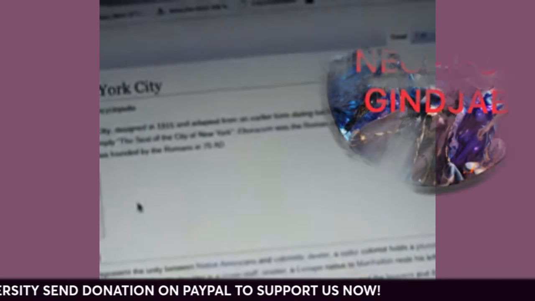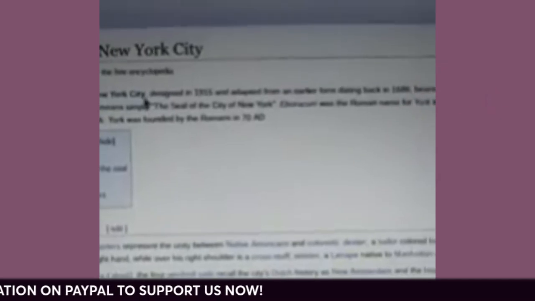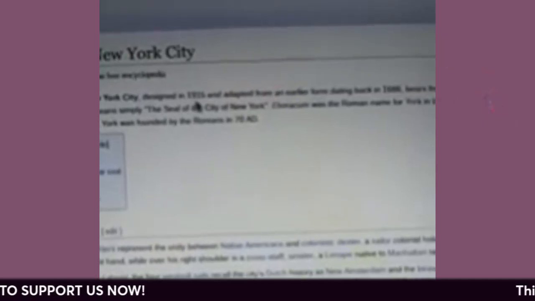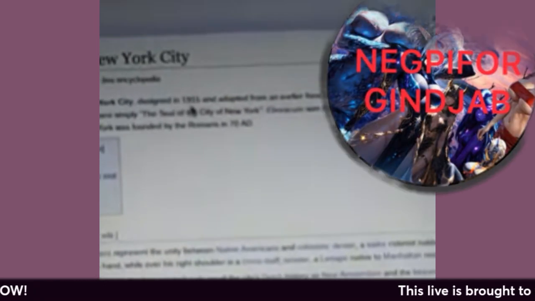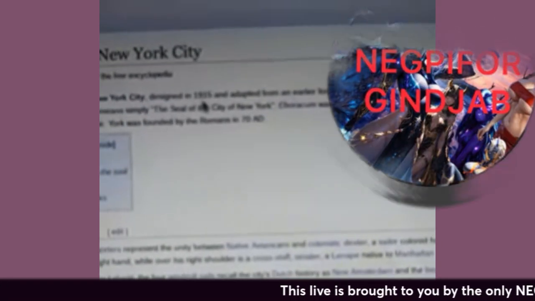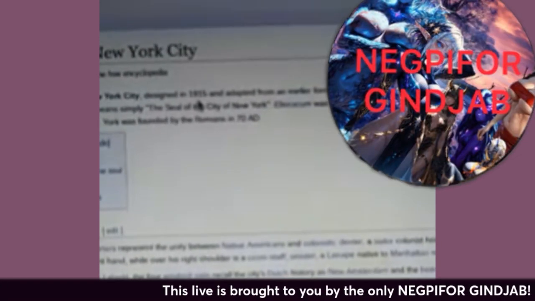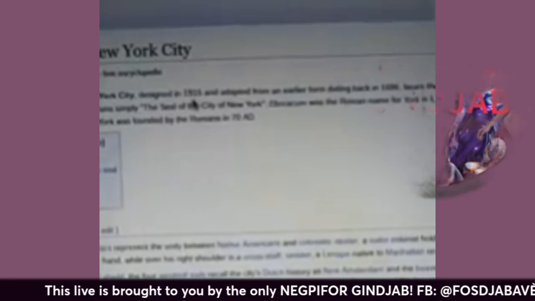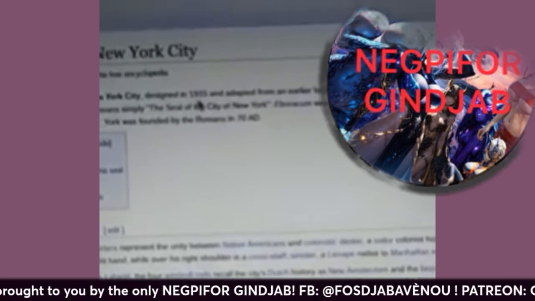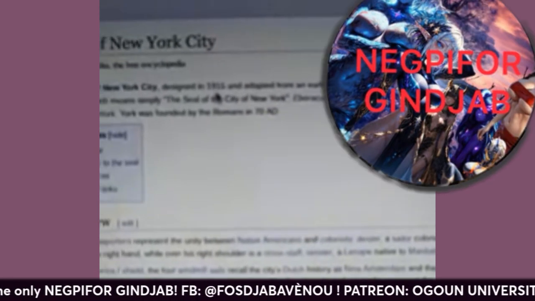Because look, this is the Seal of New York City, designed in 1915. But remember, they had to put them under contract, right, to make the law to meet the quota in the industry. What industry is on Manhattan now? Because all this is taking place in Manhattan.